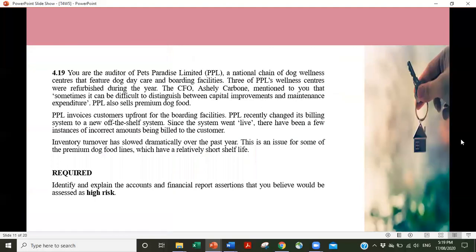Okay. Question 19. Now this is a little bit more difficult to think about, but here we're talking about risk and what's high in audit risk. So you're the auditor of PPL and you've got to identify and explain the accounts and the assertions that you think would be high risk.